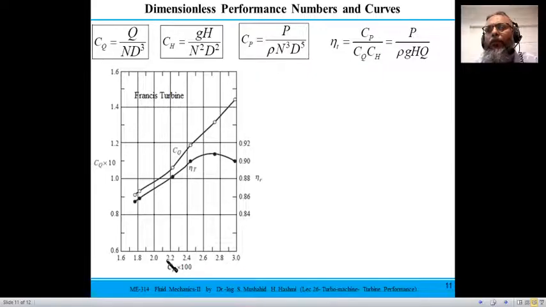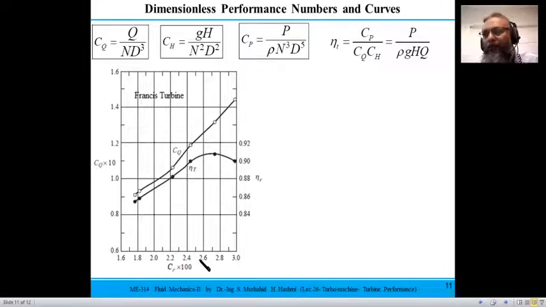As you increase your flow coefficient, you increase the power you are going to get. At lower power the efficiency is low, and at higher power the efficiency is also higher, but this requires a higher flow rate as well. So your flow rate requirement would be higher.